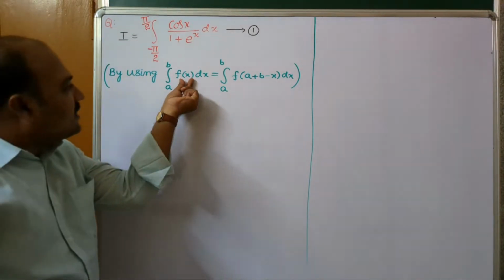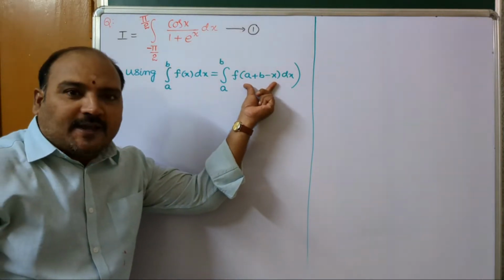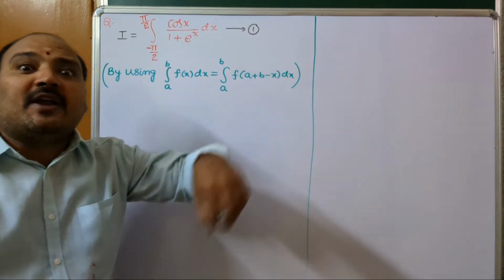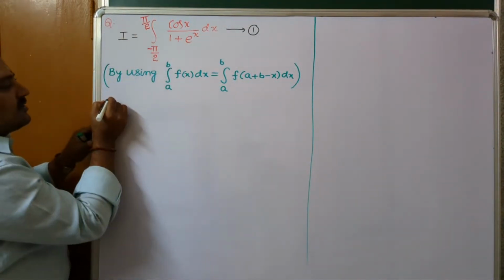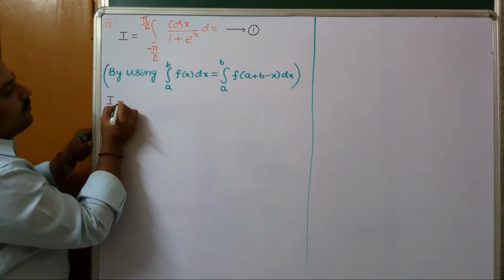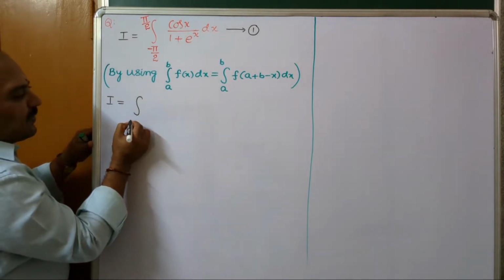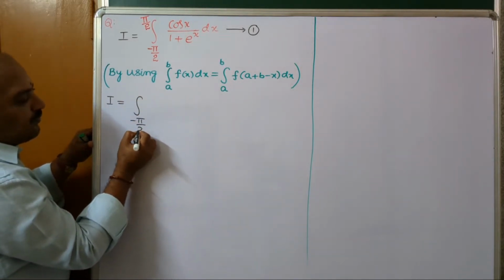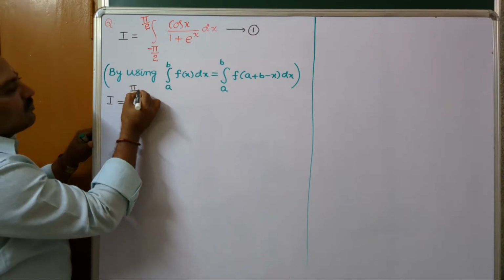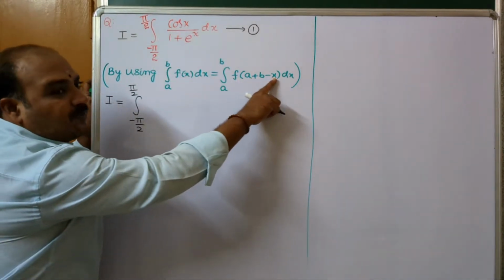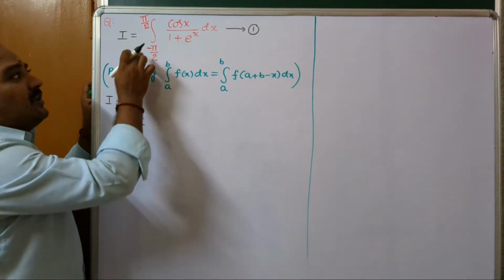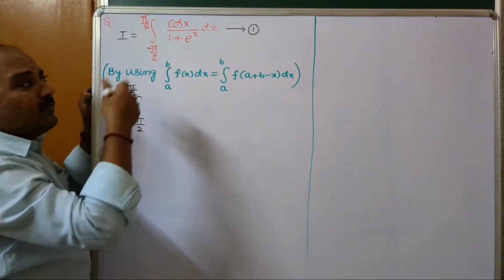In place of x, you have to replace a plus b minus x. So the given integral becomes I equal to integral minus pi by 2 to pi by 2, wherever x is there, a plus b minus x. That means minus pi by 2 plus pi by 2 minus x.